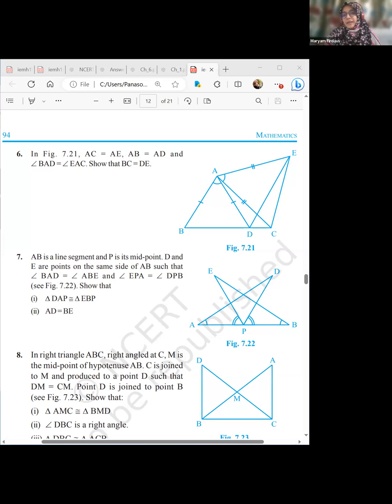But that does not make the two triangles congruent. Why? Because angle BAD is not one of the three angles of the blue triangle. Right? Then what do we do?